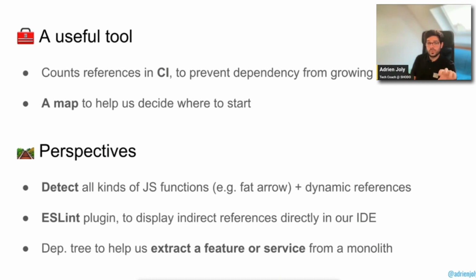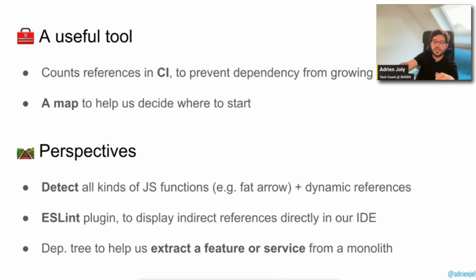And we could also use a similar approach if you want to extract, say, a feature or an endpoint or a service from a monolith. If you have several API endpoints from your monolith and you want to separate them into microservices, for example, you could use a similar approach to find the call path from that endpoint and see where it goes in the code base.